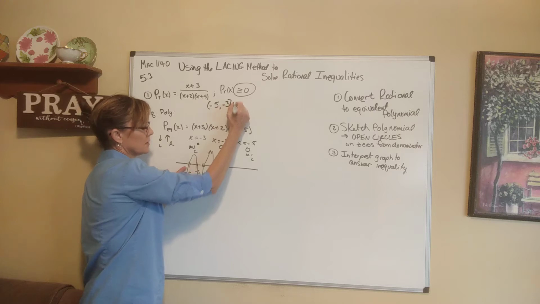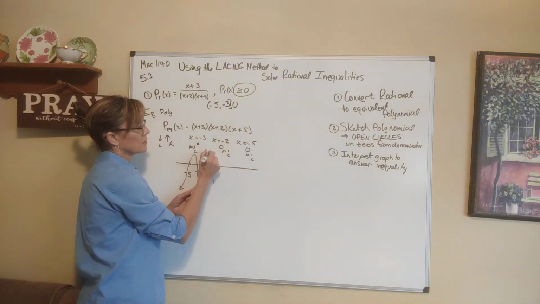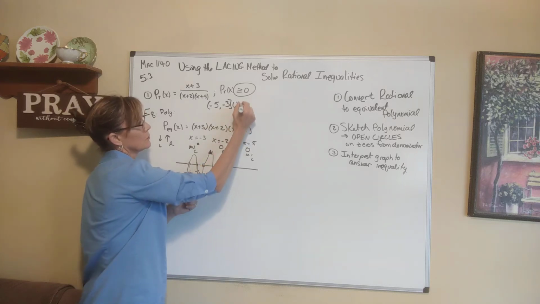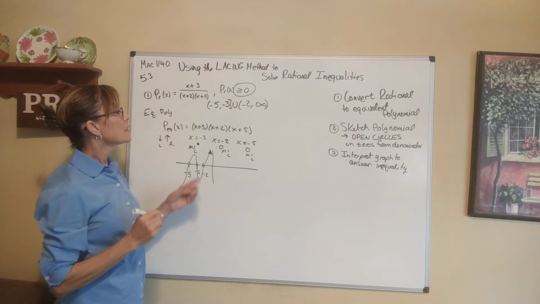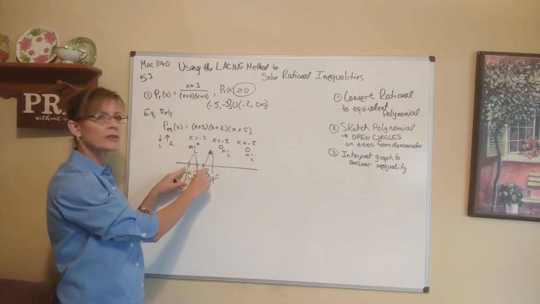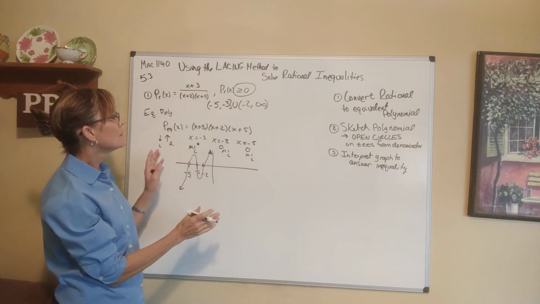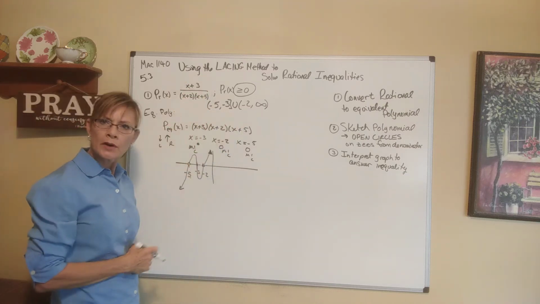And then union this with -2 to infinity. So we can use our equivalent polynomial graph, as long as we mark the domain, to answer this rational inequality. So that's what we're going to be doing.